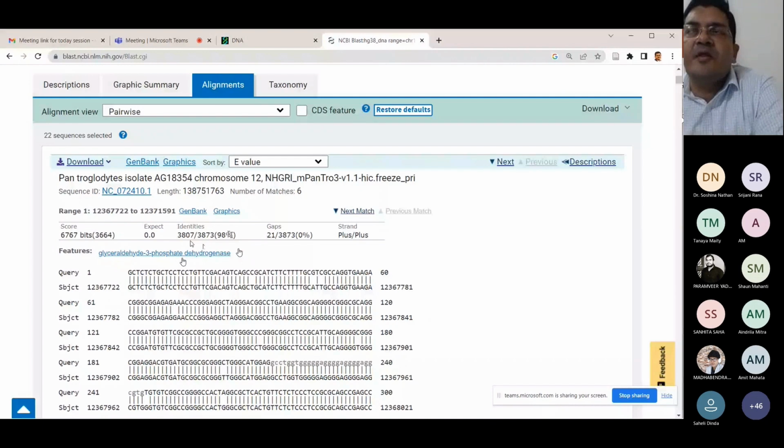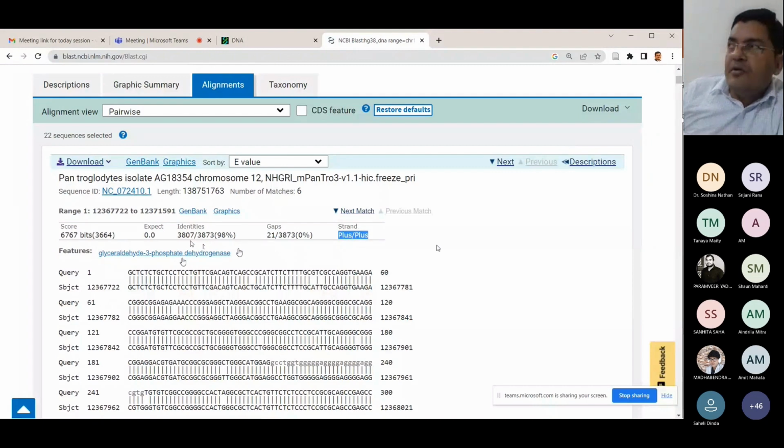Which means that at some positions there will be mismatches, or some gaps, and we'll look at those. How many gaps are there? There are 21 gaps in the alignment. And the matching has happened to the plus strand on both the DNAs. We had isolated the plus strand, and on the chimpanzee genome also, it matches to the plus strand only.